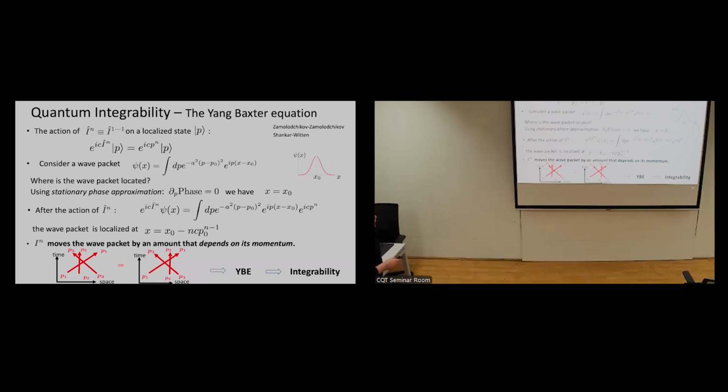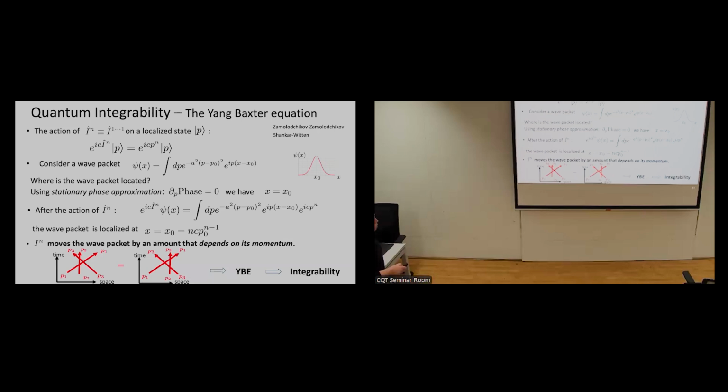So suppose then I have some wave packet, psi of x, expressed here as a Gaussian. And I want to ask, in this Gaussian, where is the particle located? Of course, I can do this Gaussian integral, but suppose I wasn't smart enough to do it, I would then use a stationary phase approximation.